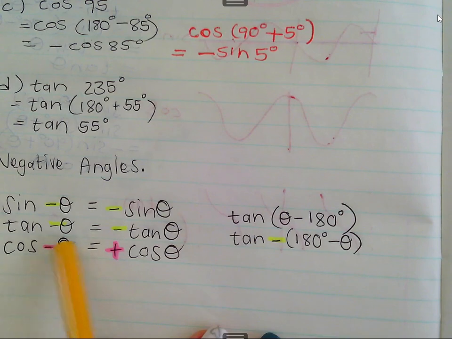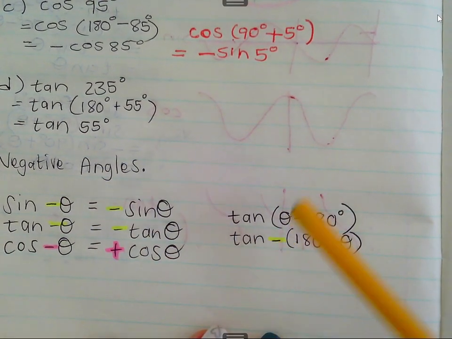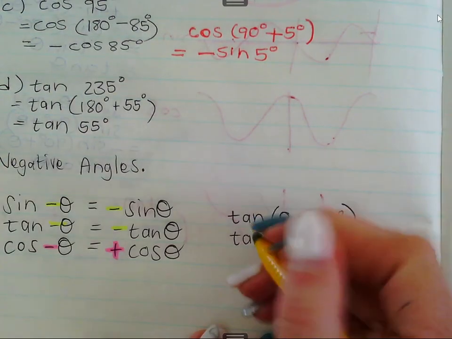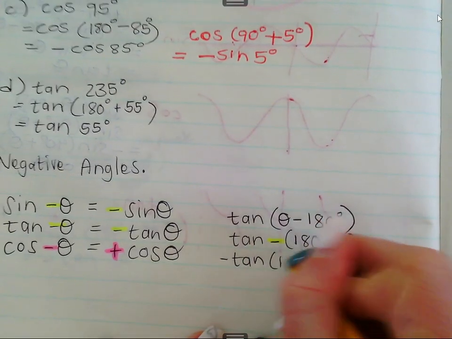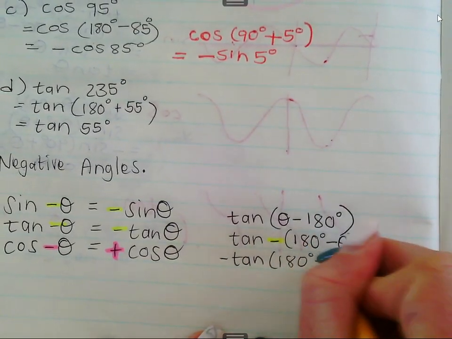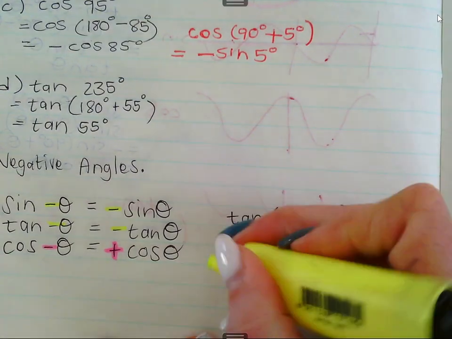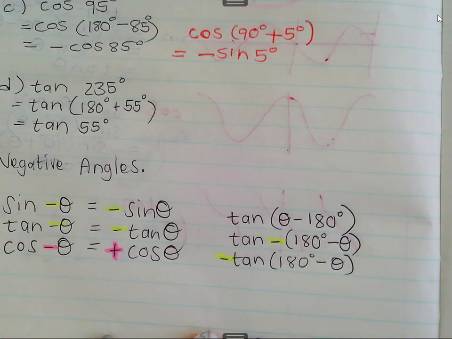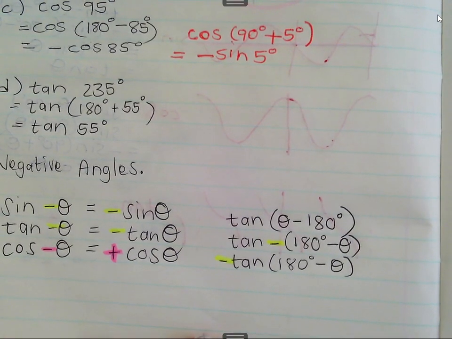And now you must know your work, that the tan of a negative is just going to be the negative tan. So that negative is just going to move to the front. So it's going to be negative tan 180 degrees minus theta. Okay. Now after you've done that, you are done with the fact that it's negative. You've sorted the negativity out.